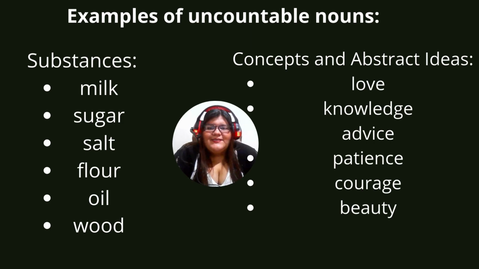We can't count them. Then we have advice, patience. We can count how many patients maybe we work with our parents, right? Then we have courage, beauty. You can count how beauty you are or the person that you like, right? There are things uncountable. It's impossible to say, I have one beauty, I have two courage. That's not possible. So that is uncountable nouns.